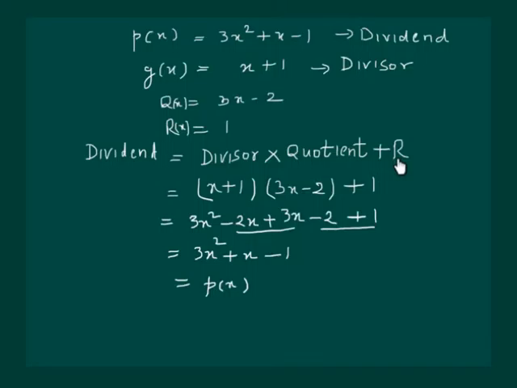So we can say that in general, if p(x) and g(x) are two polynomials such that degree of p(x) is greater than or equal to the degree of g(x), then we can find q(x) and r(x) such that p(x) is equal to g(x) into q(x) plus r(x).